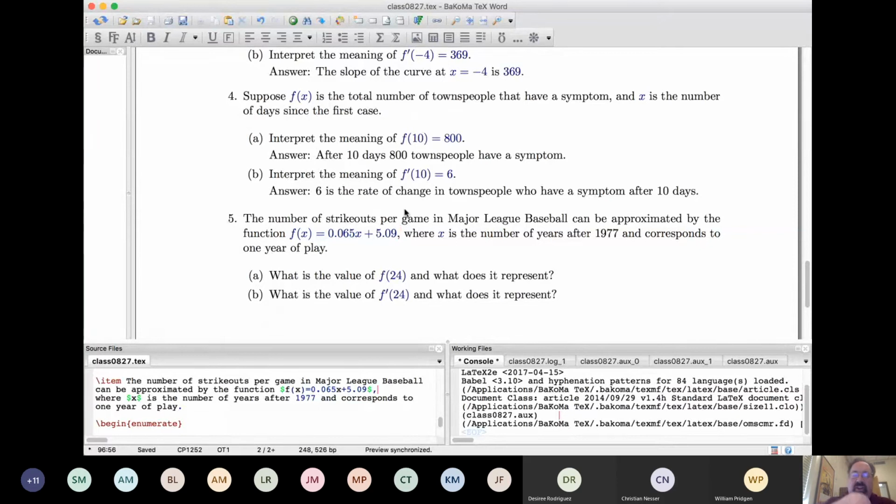If you gather data on strikeouts per game, then you try to model how that function behaves over time. Say you want to determine how the number of strikeouts per game has changed over the years. Is it steady? Is there some clear trend of increase or decrease? They could, for example, find the number of strikeouts per game for a specific year, starting from 77, then again for 78, and have a whole bunch of data points.